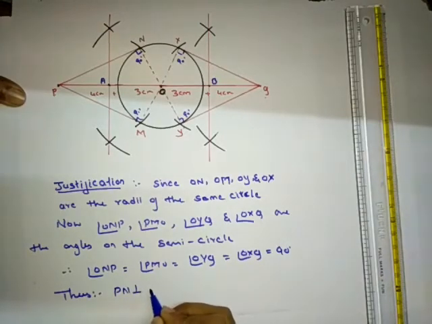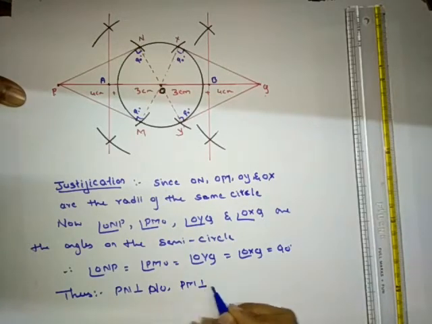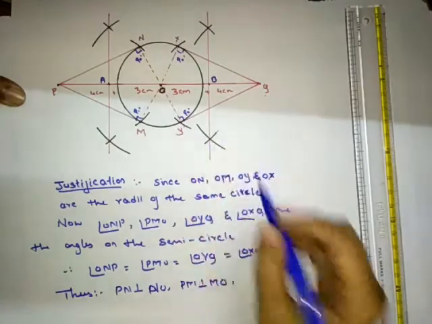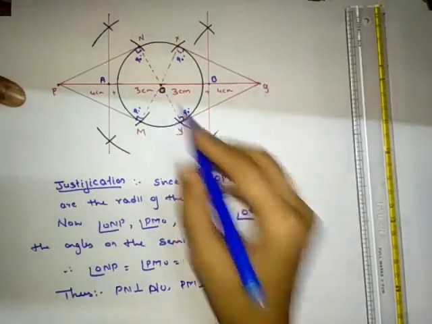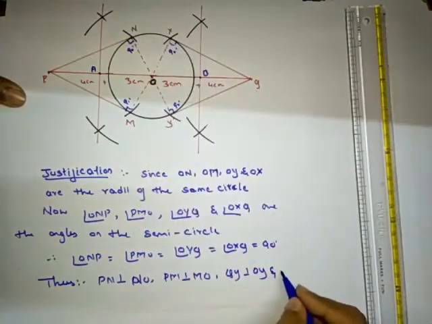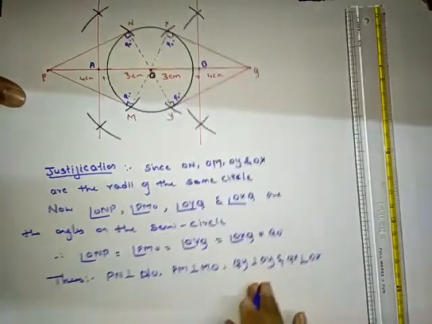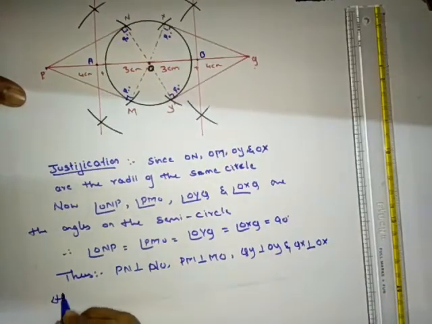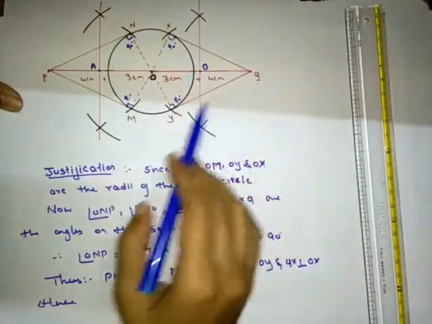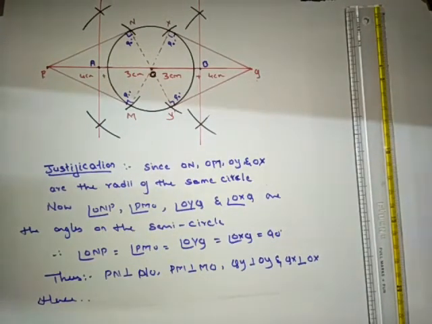PN is perpendicular to the radius NO and PM is perpendicular to the radius MO, and QY is perpendicular to the radius OY and QX is perpendicular to the radius OX, isn't it? So you can write hence PM, QN, XQ, YQ are the tangents here. Okay, this is the third one.